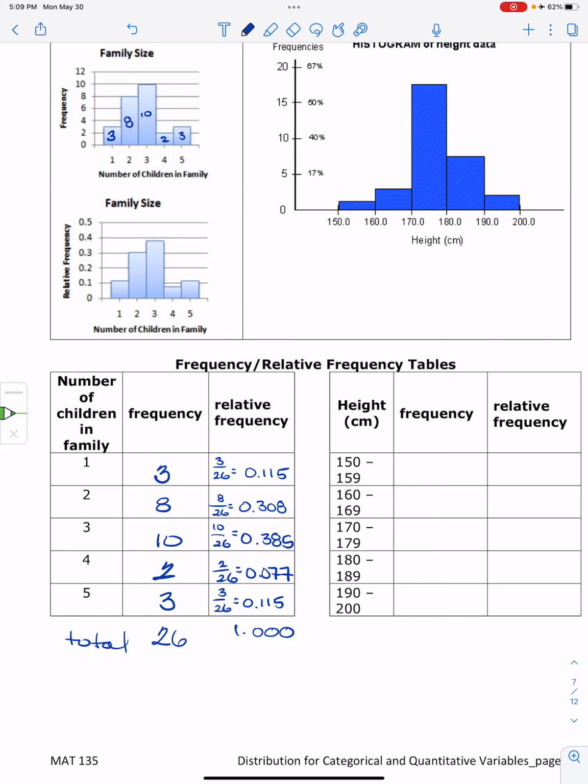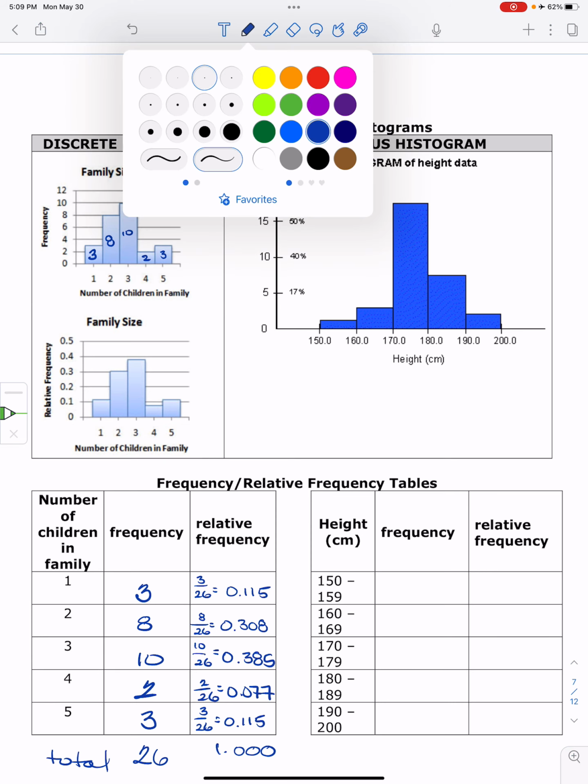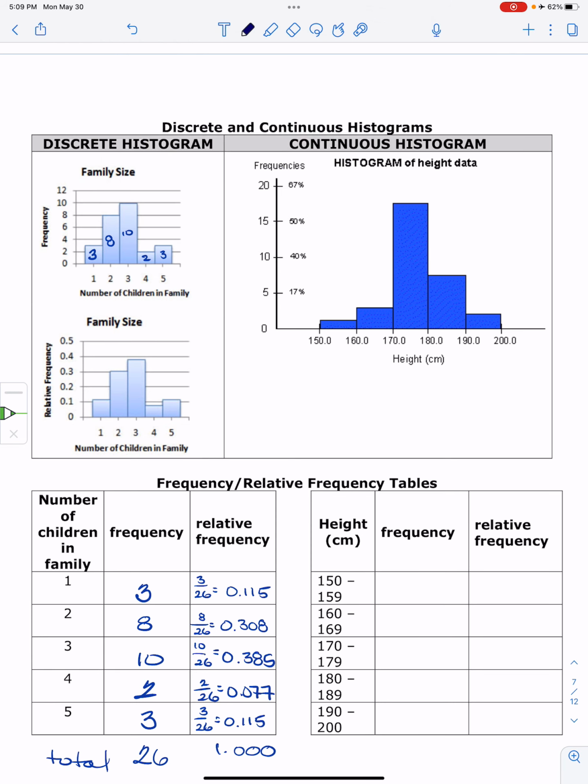Okay, now, let's go to this other one, this continuous histogram, and here's where we have a little bit of a problem sometimes. Notice that it's not really easy to tell how many are in each of those bars, okay? We're counting by 5s along the sides, but we also have the relative frequencies on the inside.